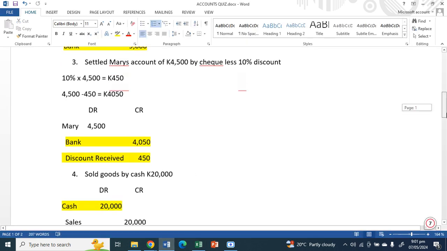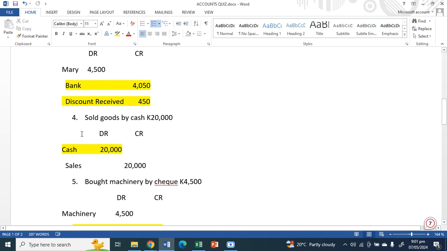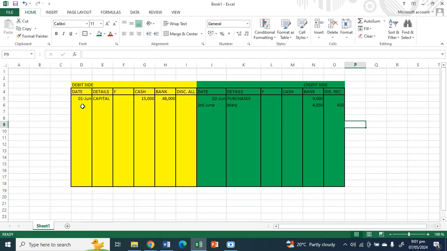Okay, 4th June, a debit entry for cash. So details here, we're going to put sales. Cash, we're debiting 4,000 kwacha.